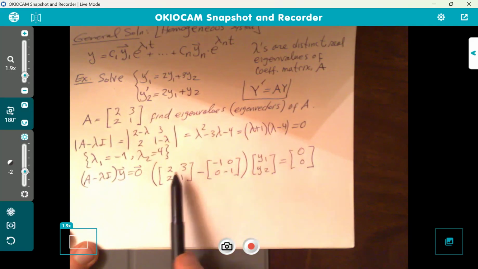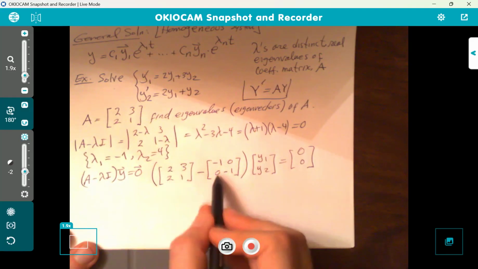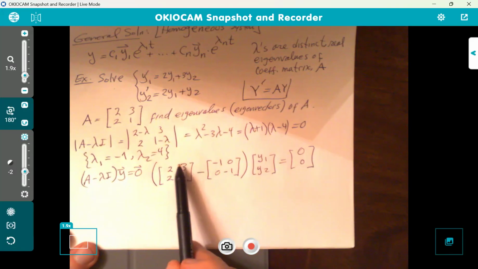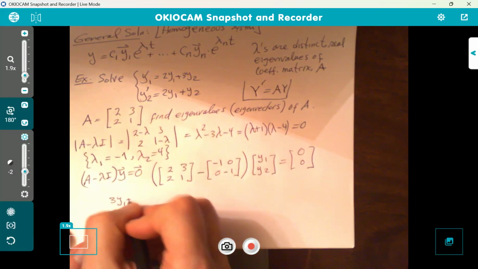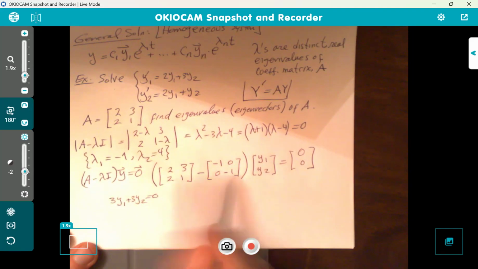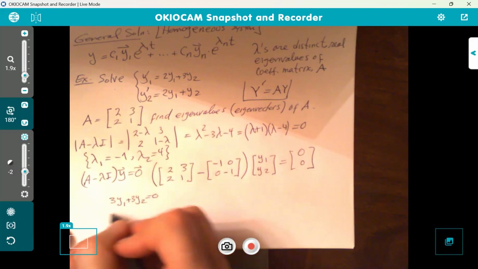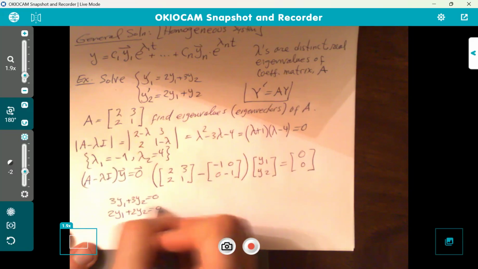Now from this, we get 2 minus negative 1, that's 3. So you multiply 3 times y1, and then 3 minus 0 is 3, 3 times y2. So I'm going to get the system, 3y1 plus 3y2 equals 0. The second equation, likewise, will give you 2y1 plus 2y2 equals 0.